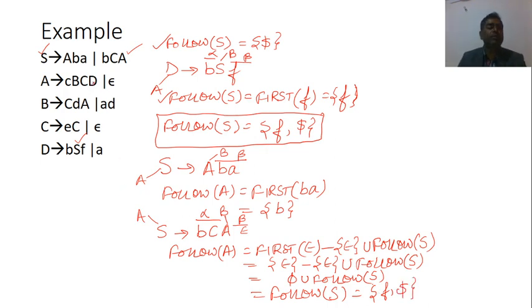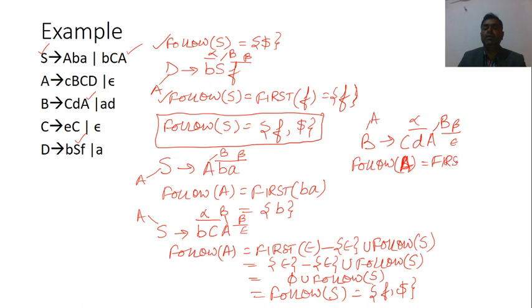Now consider the next production. Here A is also present, you can see. So we have to consider this production next. B derives to CDA. Assume this one as B. Here also beta is empty. This is your alpha. This one is your A. Now I can write follow of B, basically that is A, equal to first of beta, that is empty, so it will be first of empty.